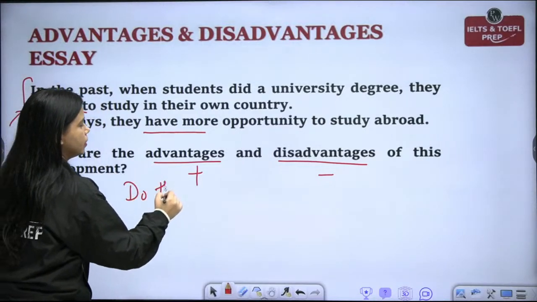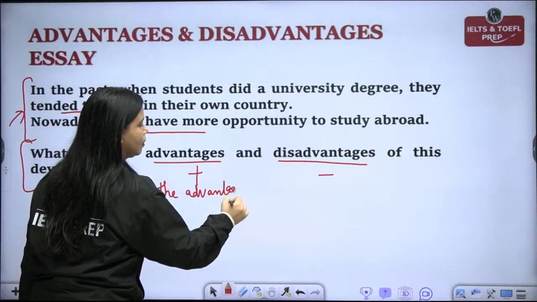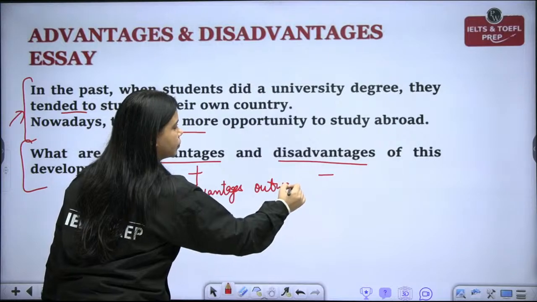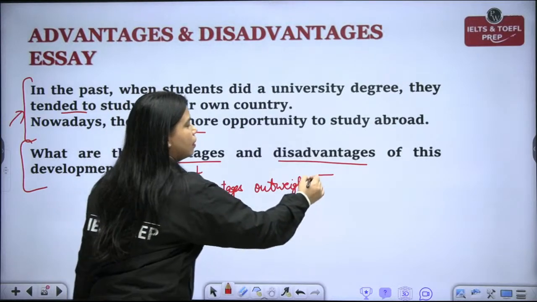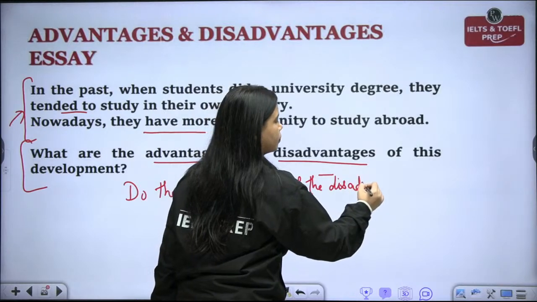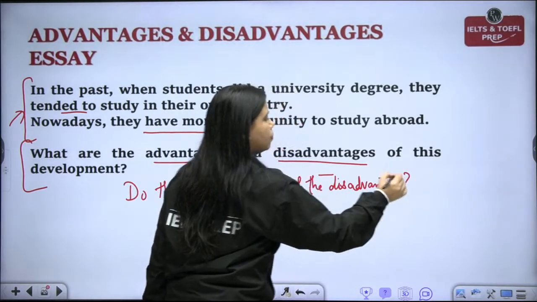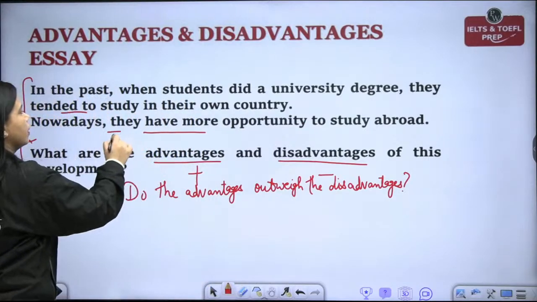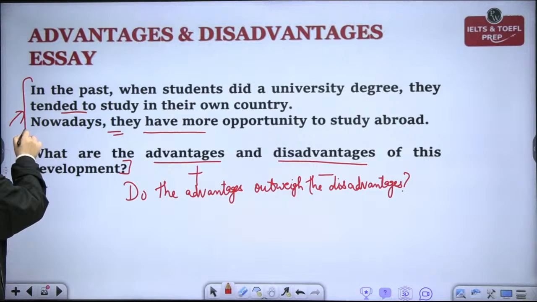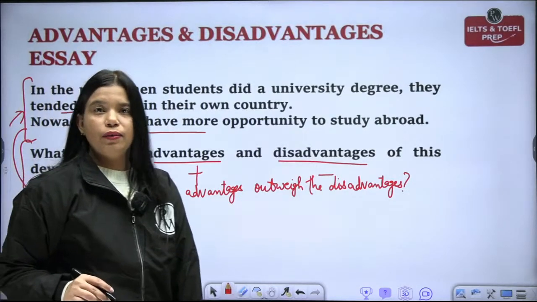Do the advantages outweigh the disadvantages? This is your second possibility. ऊपर context same रहेगा about studying abroad, and then here in place of this question they will ask you this question. They would say, do the advantages outweigh the disadvantages?